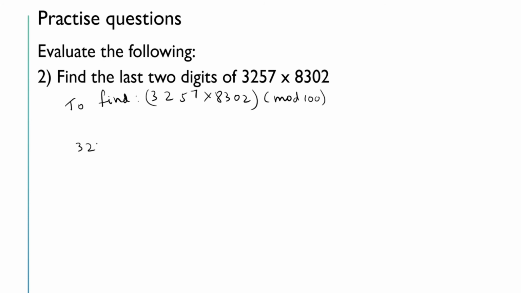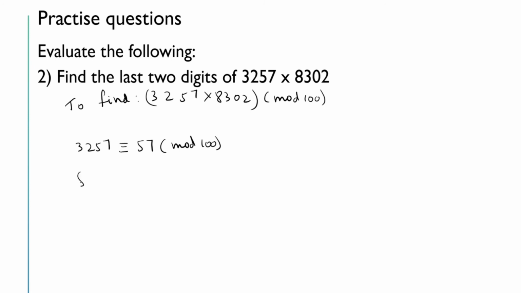So we know that 3257 is congruent to 57 mod 100, because when we divide 3257 by 100, we will get the remainder as 57, or even otherwise any number mod 100 is the last two digits. So 3257 is congruent to 57 mod 100.